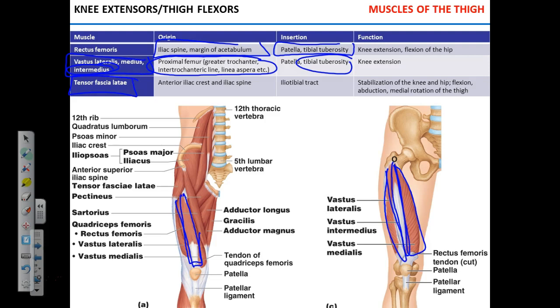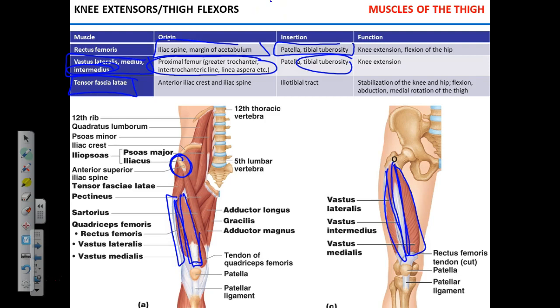Tensor fascia latae originates at the iliac crest, and it is inserted into the tendon known as the iliotibial tract. You can see tensor fascia latae here on the big model.